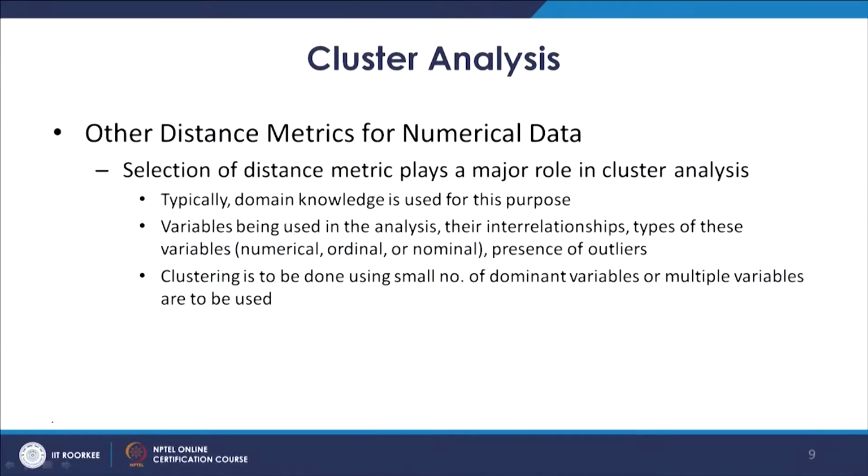Selection of distance metric plays a major role in cluster analysis. Which particular metric is going to be suitable for which kind of problem, data set and situation, for that domain knowledge becomes an important part. Depending on the domain knowledge, different distance metrics might be suitable for the clustering task.